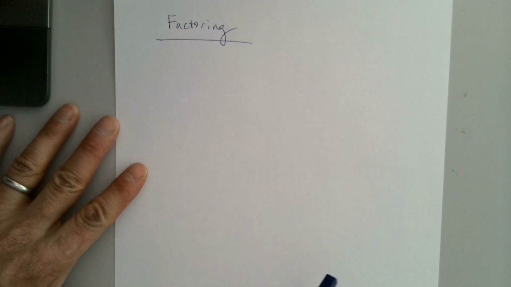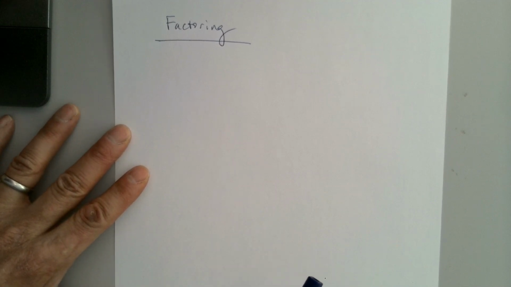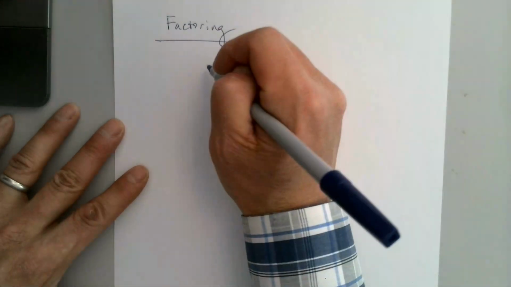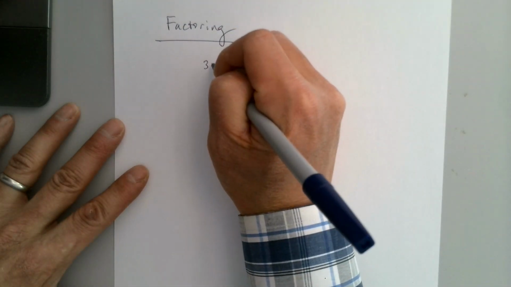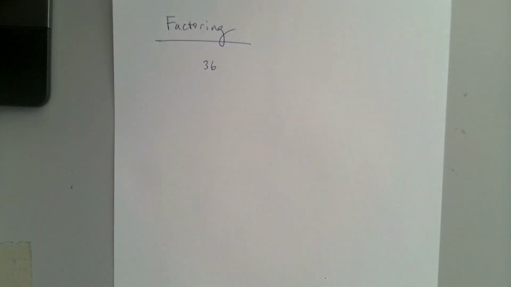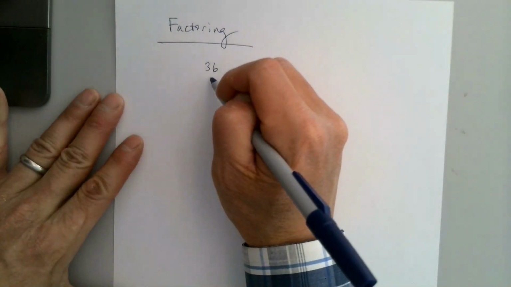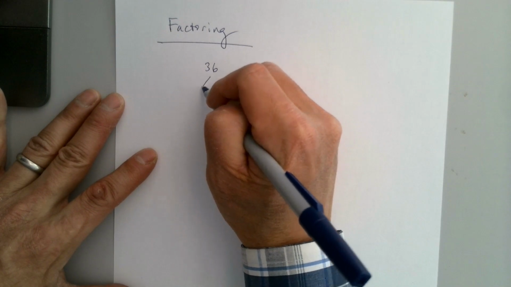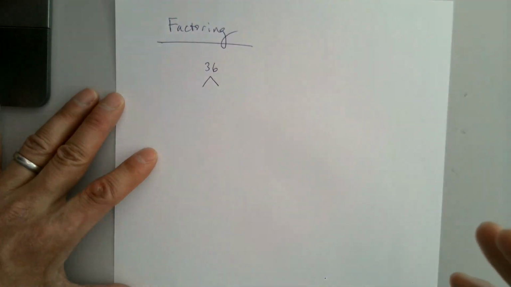So back in elementary school, you probably were shown how to factor just a plain old natural number like 36. Maybe you were shown, not everybody's shown this method, to make a factor tree.